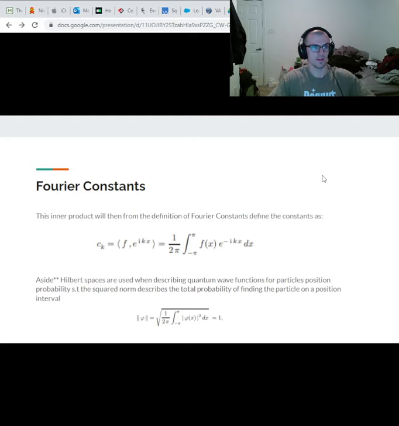You take the inner product of both sides. E to the ikx has orthogonality such that it fades out when taken with the inner product of itself, and then you're left with c sub k equaling the inner product of f and e to the ikx.